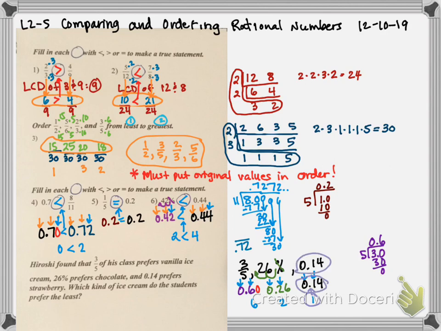Okay? So we look for what 14 hundredths goes with, and that's strawberry. So we would draw a conclusion, and we would say students prefer strawberry ice cream the least.